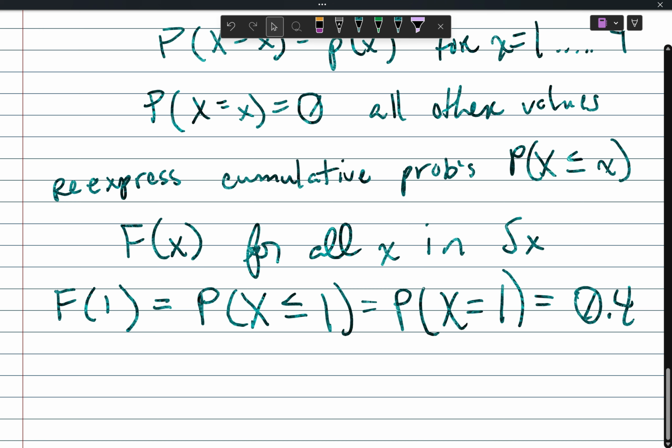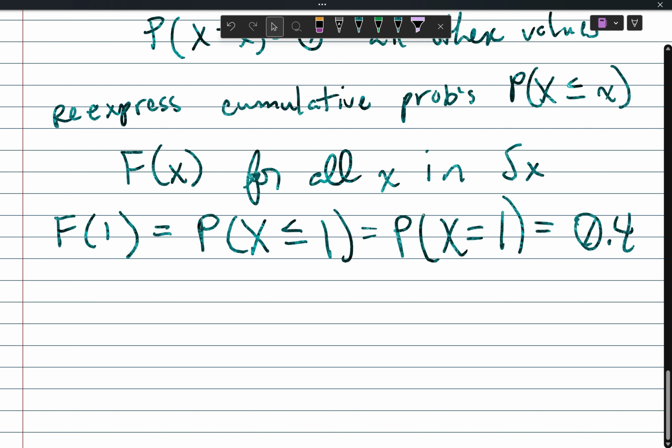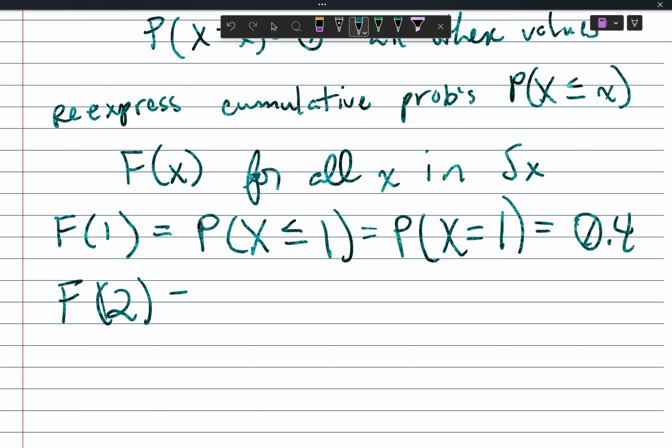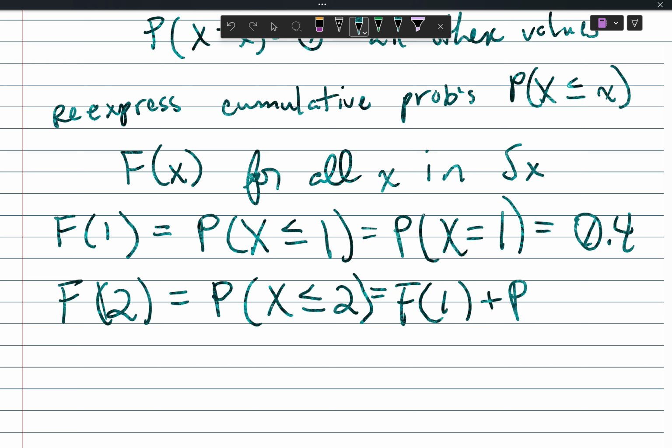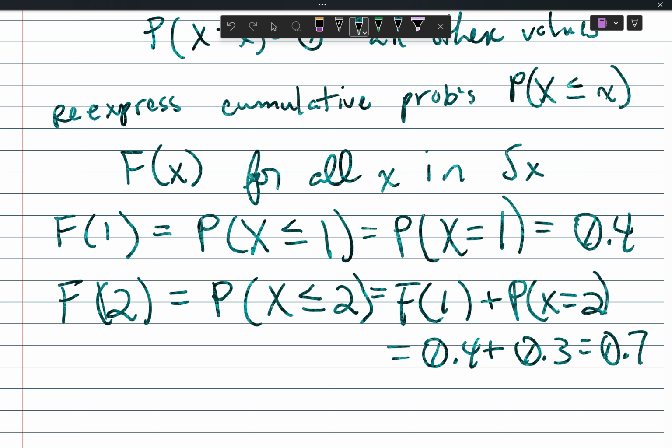Right, and then I'll do F(2), which is equal to P(random variable X less than or equal to 2), which is equal to F(1) plus P(X equals 2). All right, so that should come to 0.4 plus 0.3, which is 0.7.